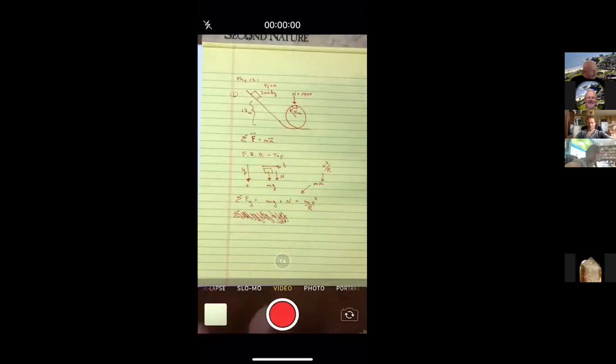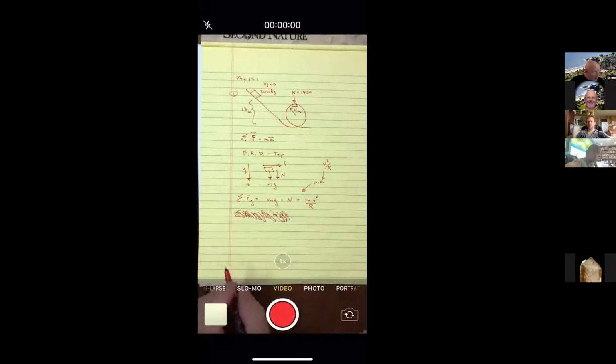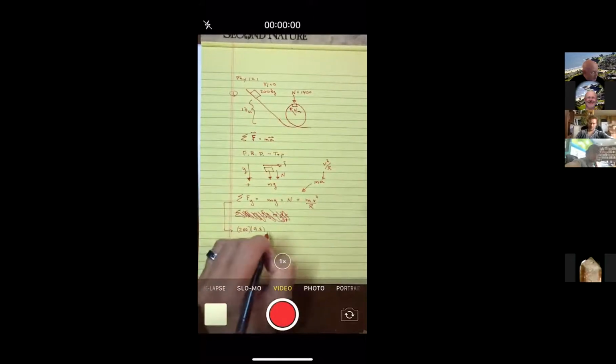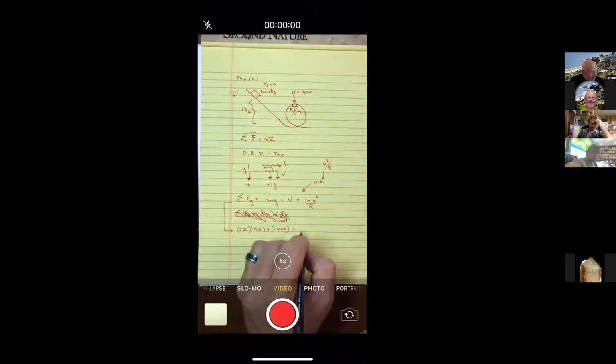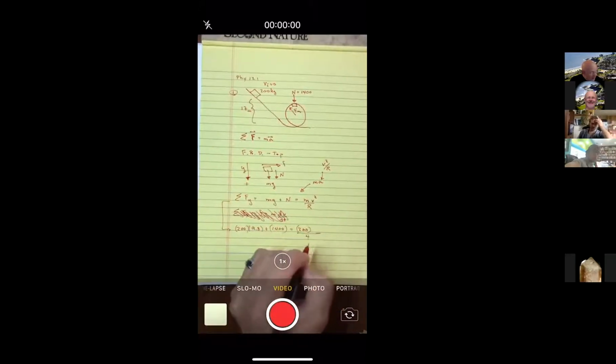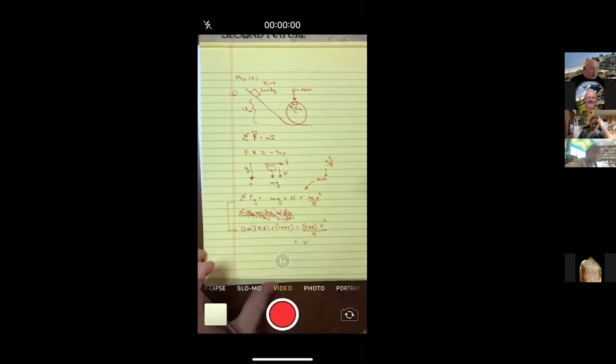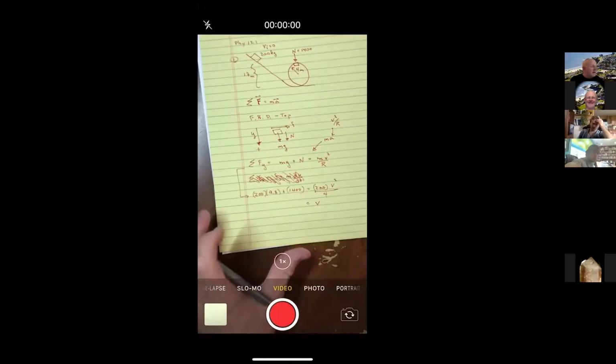Okay, so knowing this, we can put in some numbers here before we even get to the energy issue. The mass is 200, g is 9.8, the normal force is 1400, the mass again is the 200, the radius is 4, and so the unknown in the equation thus far is the velocity.